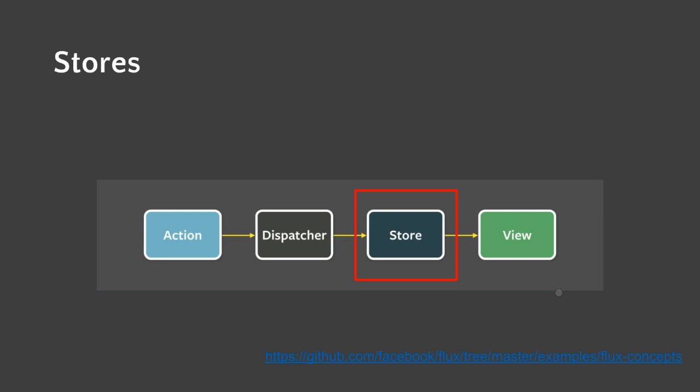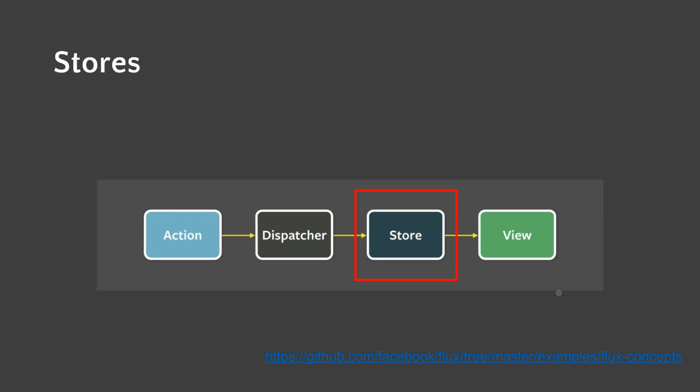They aren't the same as models in MVC architecture, since models usually try to model single objects, or for example a single record or a table, while stores in Flux can store anything. As I said previously, they manage the application state for a particular domain.